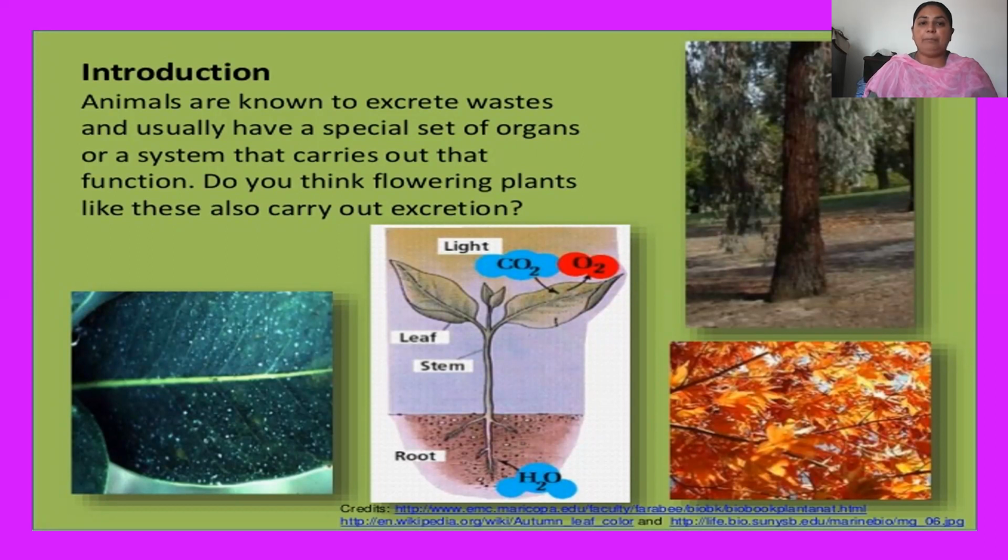Here I have shown you some pictures where you can easily see that waste products are excreted by various parts of the plant. It may be the leaves, because stomata are present in the leaves, and oxygen gas is a byproduct or end product of photosynthesis. So it is considered a waste for the plant, and this oxygen gas comes out from the leaves through the stomata.